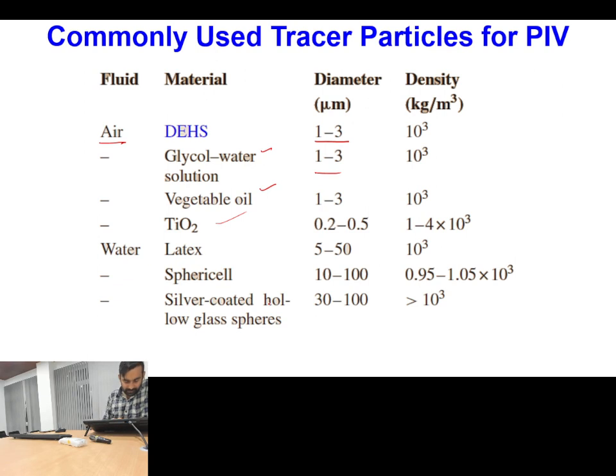And if you have water, then typically we have some solid particles as the tracer particles, and their corresponding sizes and densities are also given. Typically the size and density should be so small that they are neutrally buoyant, because if they show their individual hydrodynamics, then your measurements will be wrong. Okay.